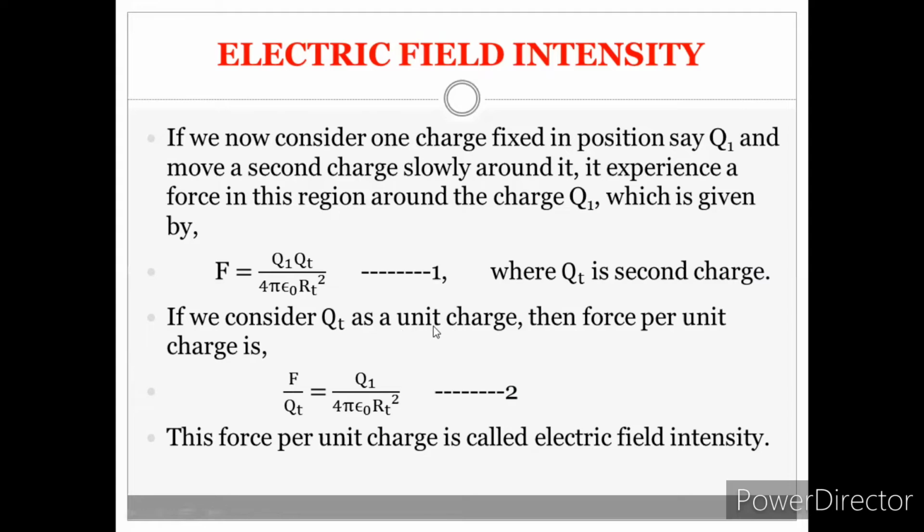Now if we consider qt as a unit charge, then the force per unit charge is given by, bringing this qt to the denominator here, q1 by 4 pi epsilon naught rt square. That's the second expression we have. This force per unit charge is called the electric field intensity, and this is the definition of electric field intensity.